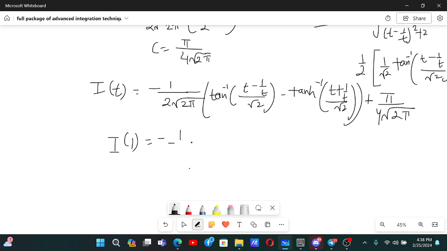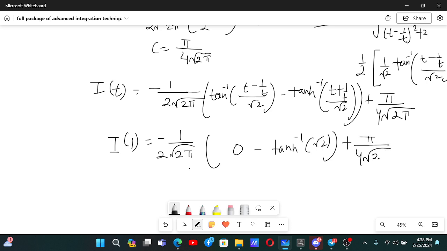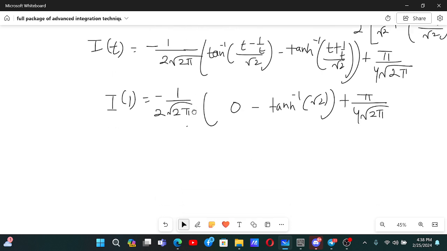We have minus 1 by 2 root 2 pi, and tan inverse 0 is 0, minus tan h inverse 2 by root 2, that is tan h inverse root 2, plus pi by 4 root 2 pi. Now we can take the LCM.